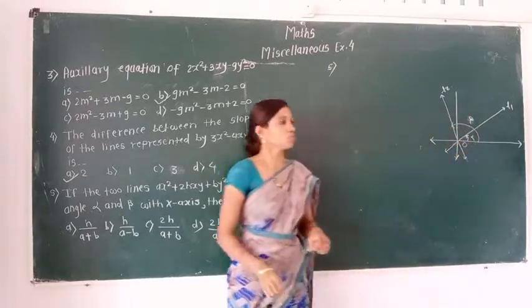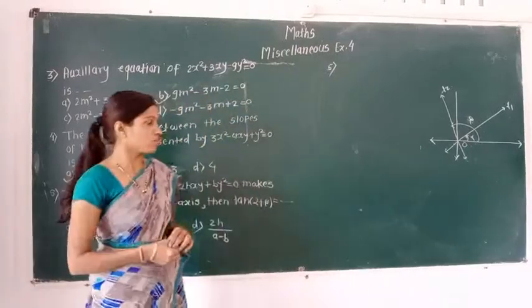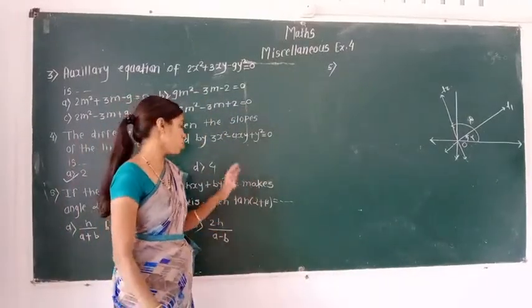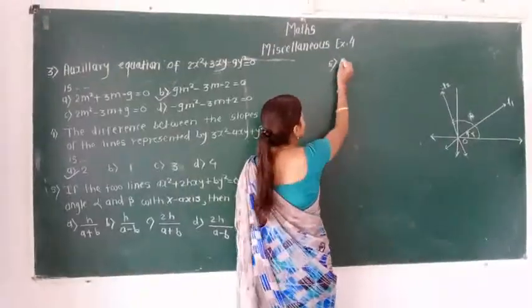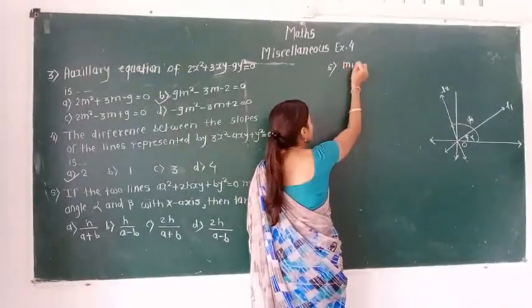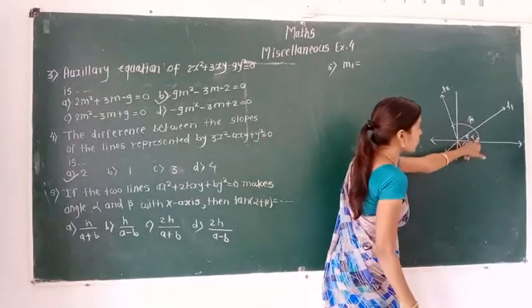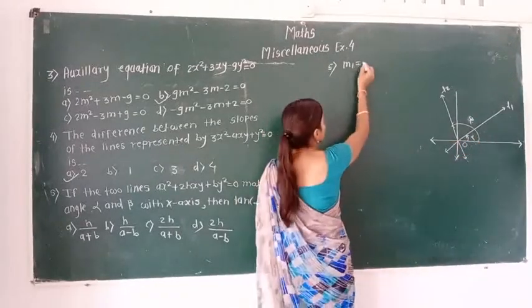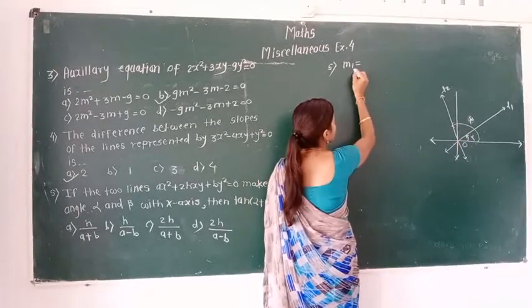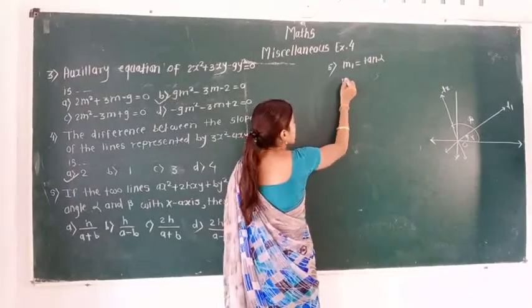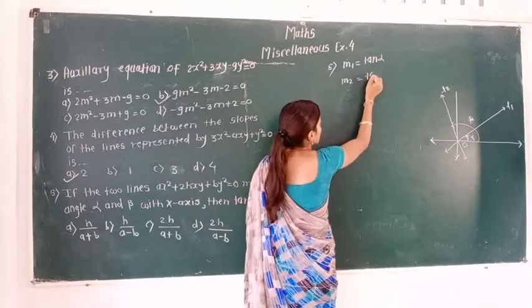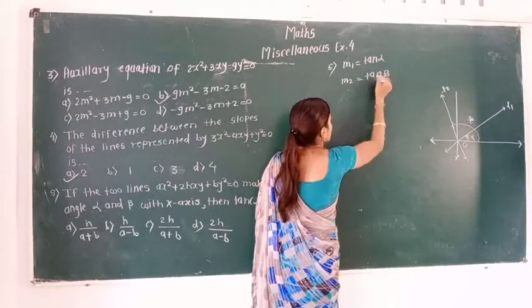So for using this information, first of all we have to find out the slopes of lines L1 and L2. Slope of the first line, whose inclination is alpha, is m1 equal to tan alpha, and m2 is equal to tan beta.